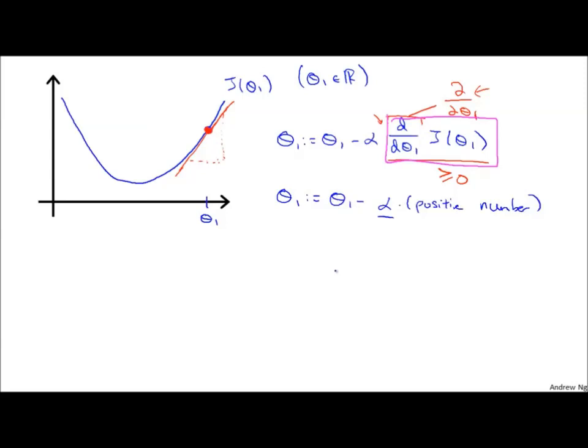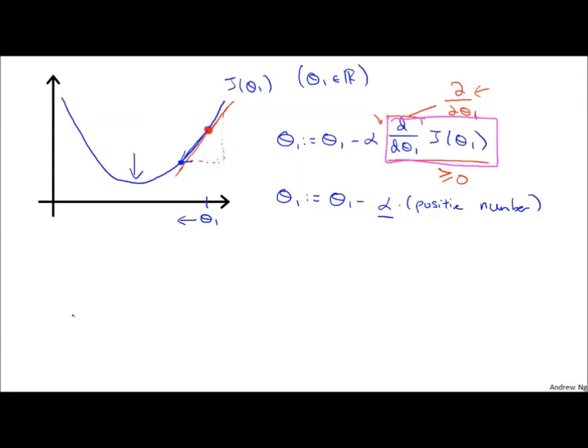So theta 1 gets updated as theta 1 minus something, and I'm going to end up moving theta 1 to the left. I'm going to decrease theta 1. And we can see this is the right thing to do because I actually want to head in this direction to get me closer to the minimum over there. So gradient descent so far seems to be doing the right thing.